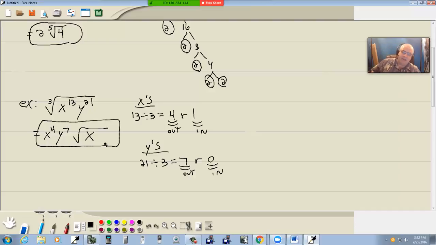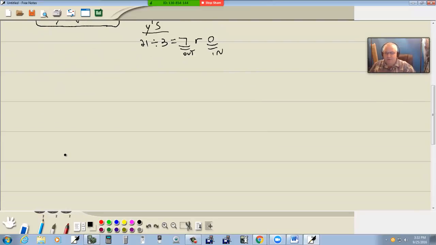In some cases, you have to worry about whether the variable that's coming out of a radical is positive or not. But when you're talking about an odd index, it doesn't matter. If you have an even index and you bring a variable out and you're not sure it's positive, you put absolute value bars on it to make sure it's positive.